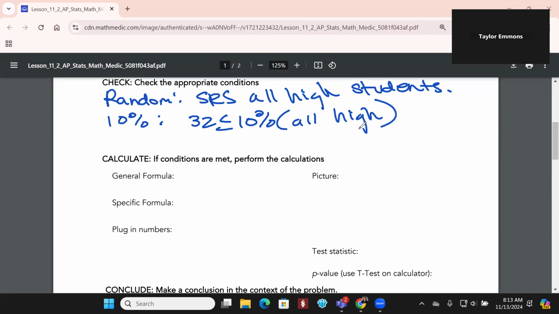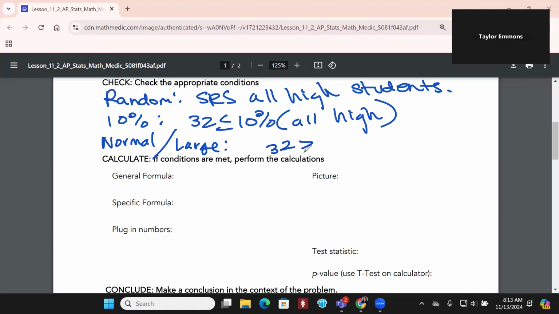Because random. Random assignment is causation. Random sample, generalized to the population. Know the difference. And then the last one is normal or large counts.